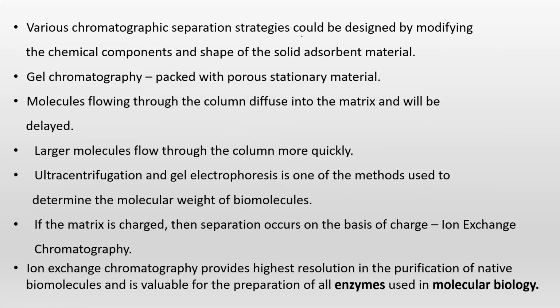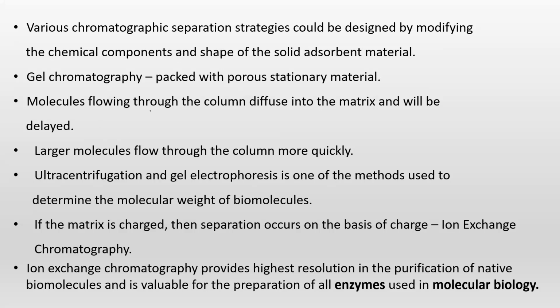You might have to do first a size exclusion chromatography, then you might again subject your sample to affinity chromatography or ion exchange chromatography. So there is not only one chromatographic separation column that you will have to run when you are working with a biomolecule. You might have to opt for another column chromatographic technique based on how much purity you have obtained. Okay, gel chromatography is packed with porous stationary material.